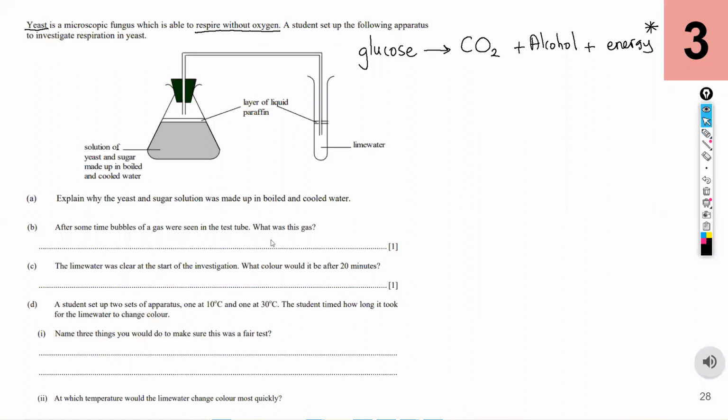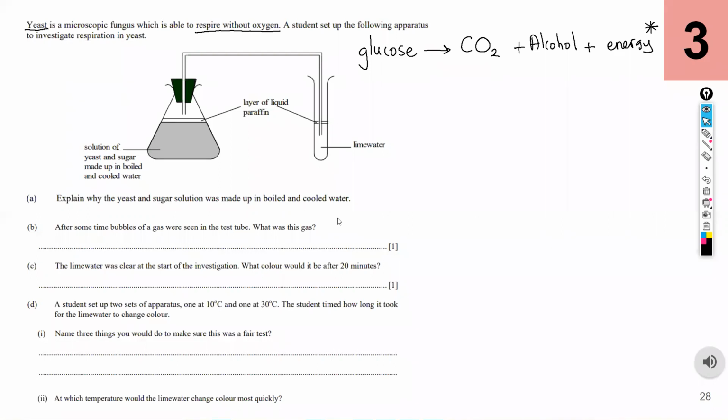In part A, explain why the yeast and sugar solution was made up in boiled water and cooled. In other words, before they actually started the experiment, they boiled the water. Why would they boil the water before you add the yeast and whatnot? It's because you want a clean environment.